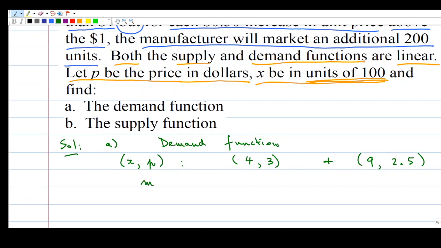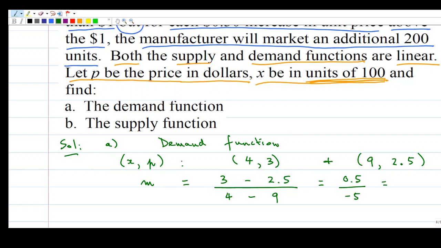So we're dealing with a linear function, the gradient m, working with the coordinates of these 2 points above. It's 3 minus 2.5, all divided by the corresponding change in the input. It's 4 minus 9. This gives us 0.5 over -5.